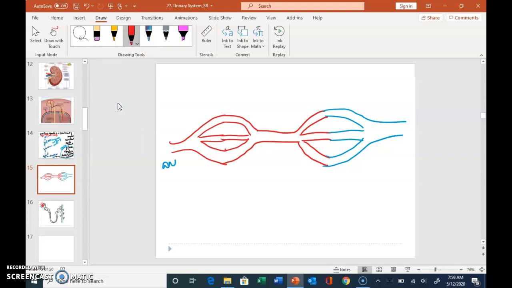This is an artery. This is an artery. And this artery is dividing to form the first capillary bed. This is a capillary bed.